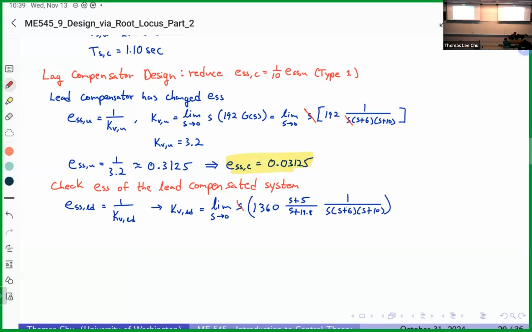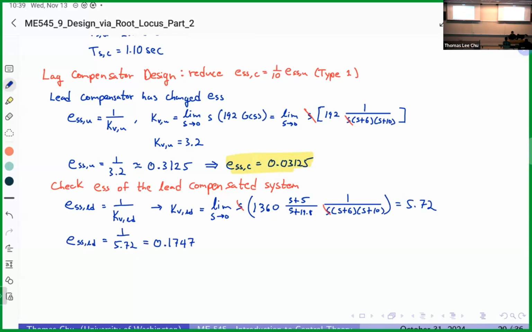Again, the S's cancel out, and then we're left with 5.72. So because we added our lead controller, we now have a smaller error of 1 over 5.72, which is equal to 0.1747.